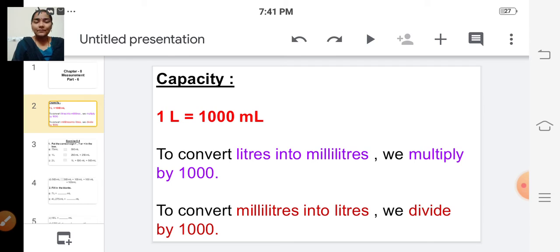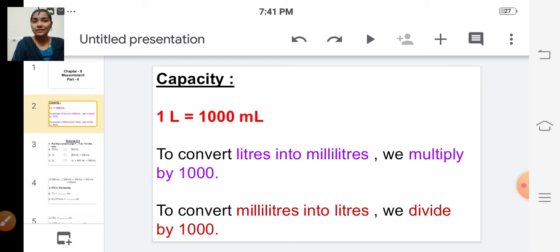So to convert liters into milliliters, from the bigger unit into smaller unit, we multiply by 1000. And to convert milliliters into liters, we divide by 1000. Based on these, we are going to solve the exercise problems.